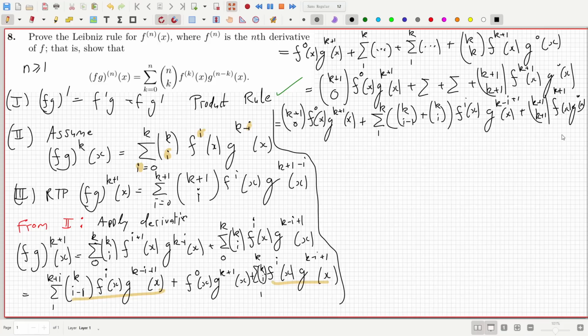Ooh, squished in. Okay, so these two, there's a binomial identity here that can combine them.